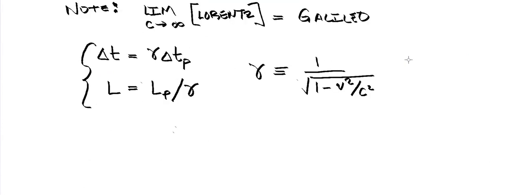But looking at this again, we could say that if Einstein measures 1 second as the time interval between the light leaving and the light returning, well, since v is greater than 0 but less than c, v squared over c squared is going to be between 0 and 1, and so 1 minus something like that is going to be some number less than 1, the square root of which will also be less than 1. 1 divided by something less than 1 means that gamma is going to be greater than 1.